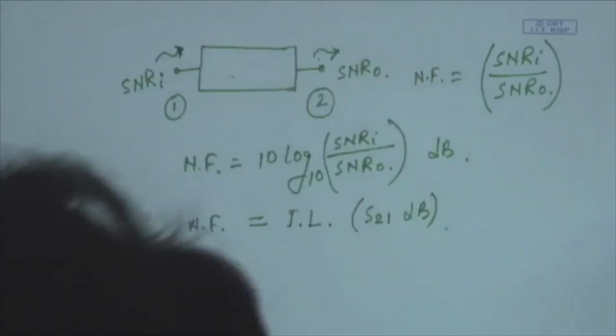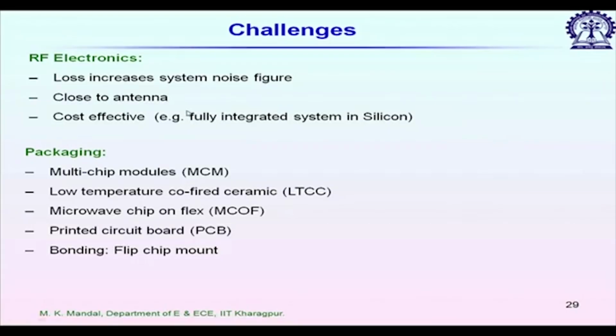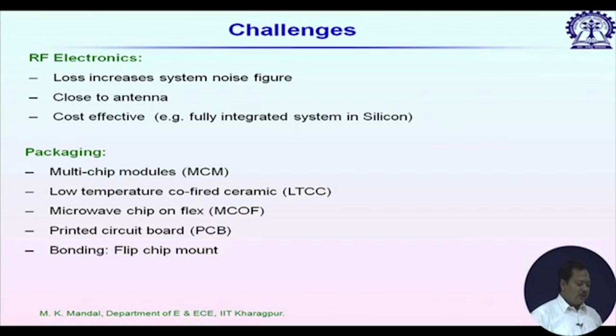So, let us go back. We see that at millimeter wave frequency loss increases, so it increases the noise figure of the component. One way to decrease the overall noise figure of any transmitter or receiver is this: for a receiver, if I start from the antenna, just after the antenna we have a low noise amplifier, then the mixer component.